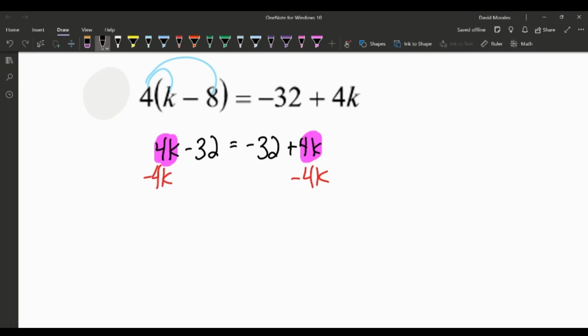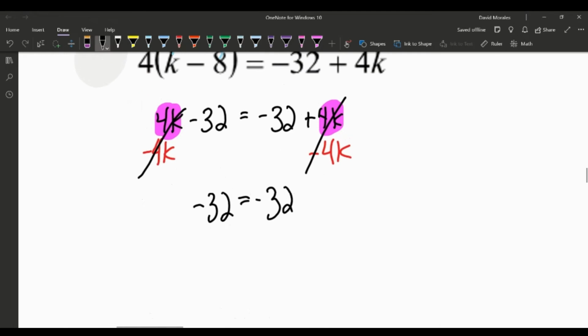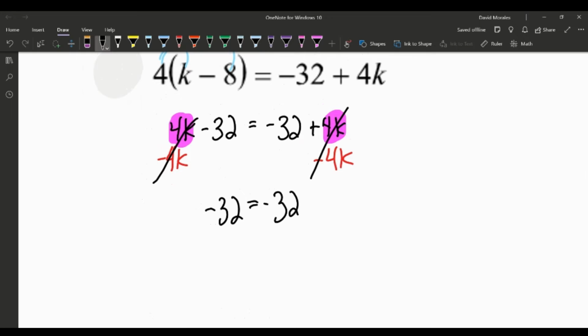But you're going to notice something that's going to happen. This is going to cancel out, and then negative 32 equals negative 32, and this is going to cancel out. So really, it doesn't matter what I do at this point. Negative 32 equals negative 32.